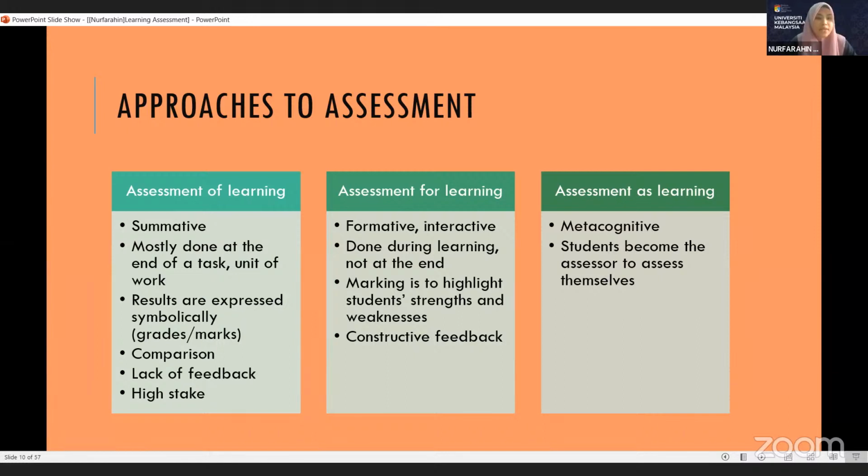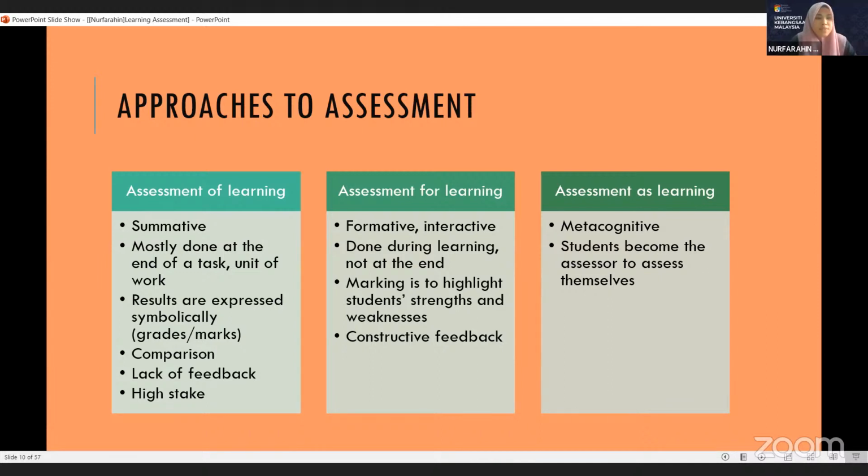The results are expressed symbolically, as grades and marks. Most importantly, assessment of learning aims at making comparisons. Comparison with what? Comparison with the other students. How does this student perform in comparison to his or her friends?